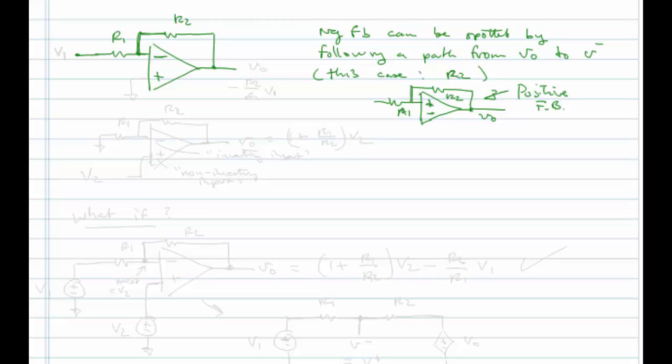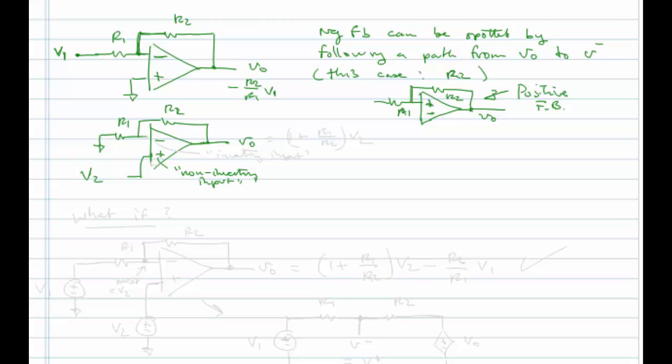Okay, in the previous example we had an input VI, I'll call it V1 here. And we found that VO was minus R2 over R1 V1. We've also had this circuit here where we have connected R1 to ground, and we have applied a voltage, I'll call it V2, to our non-inverting input.